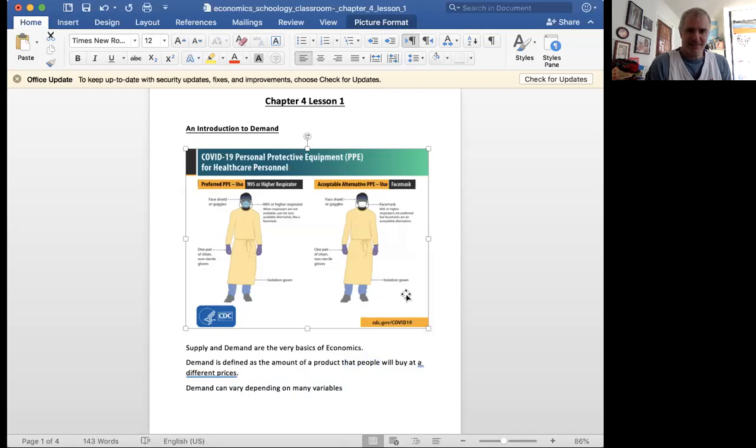I would have guessed something having to do with sports. I always guess. Points per something. I don't know. But no. PPE is personal protective equipment. It's the stuff that people need to have to protect themselves from this virus.